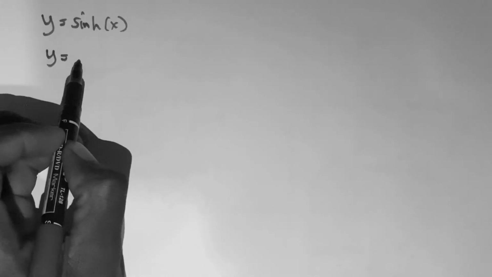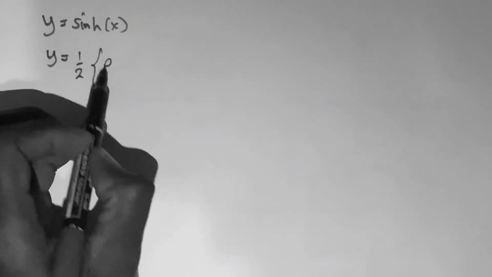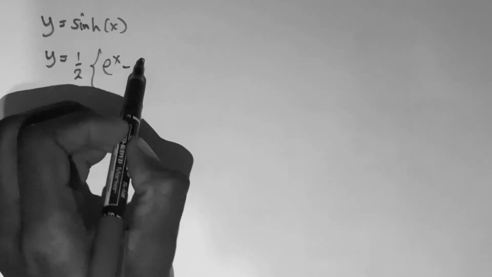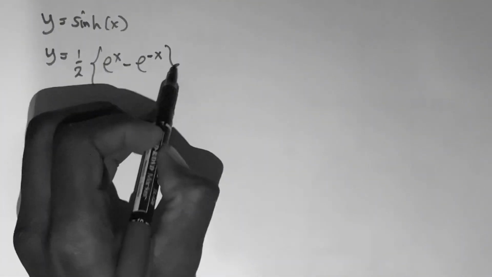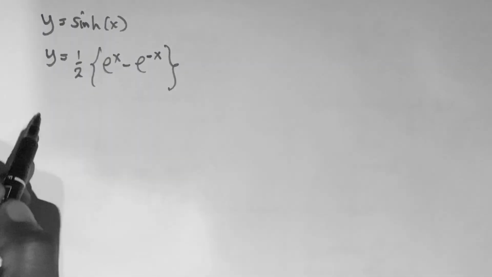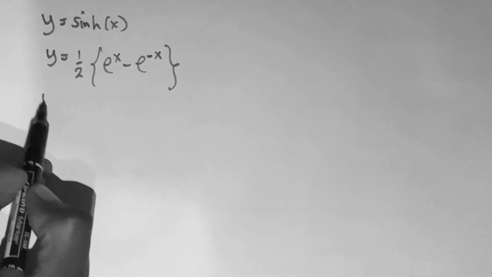So now, what if y is equal to hyperbolic sine of x? How will this graph look like? So let's define the hyperbolic sine of x. In that case, y is equal to half of exponent x minus exponent minus x. Now, let's look for the y-intercept.